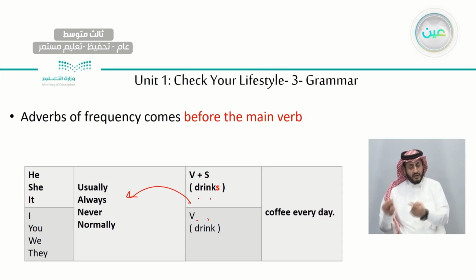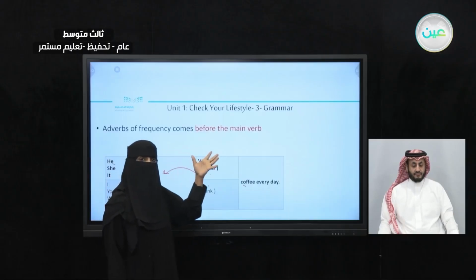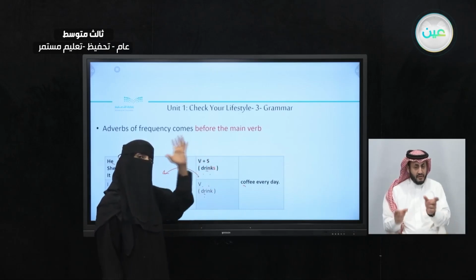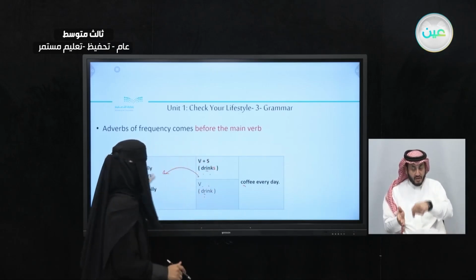She usually drinks coffee every day. She always drinks coffee. I normally drink coffee. We normally drink coffee. Okay? So the first example of using the adverbs of frequency is to put it before the main verb.